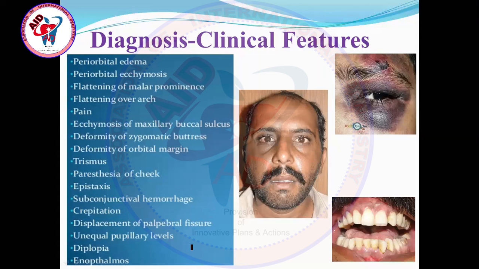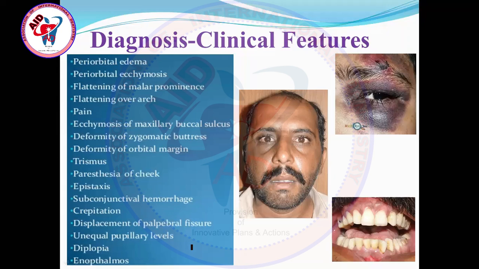Again, I will repeat. It will not occur in case of Le Fort 1 fracture, because Le Fort 1 fracture is a low-level fracture and it is not affecting the orbit. Le Fort 2 fracture, zygomatic bone fracture, zygomaticomaxillary complex fracture, Le Fort 3 fracture, as well as orbital floor fracture or medial wall of orbit fracture.